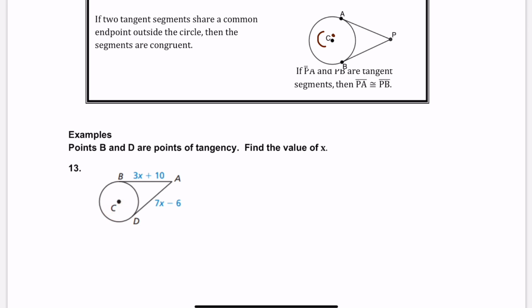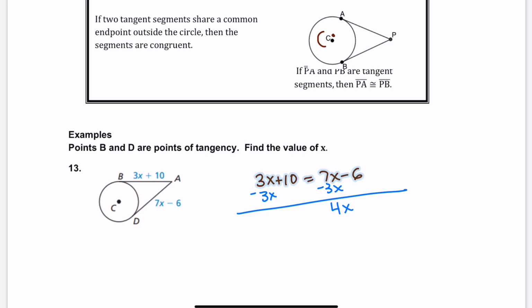Points B and D are points of tangency, so these only intersect at one point. If those are tangent lines, these two are going to be equal. So 3x plus 10 has to equal 7x minus 6. We minus 3x from both sides of the equal sign, and we have 4x.